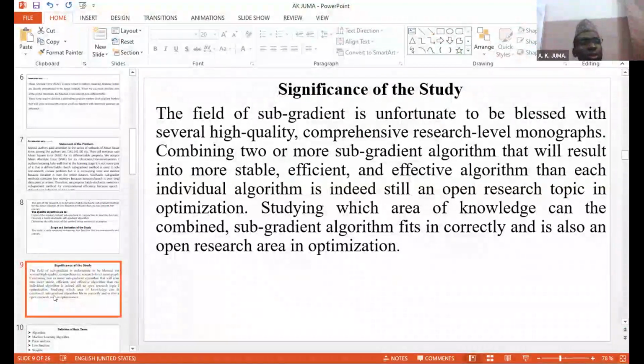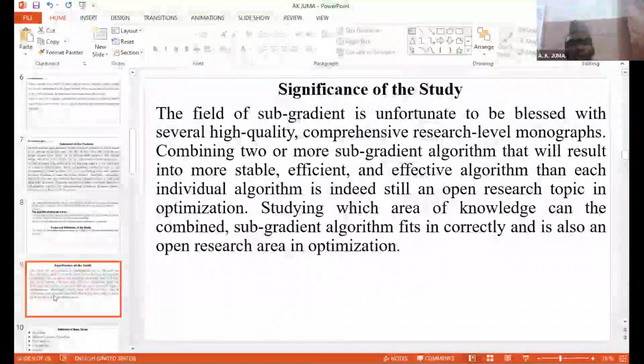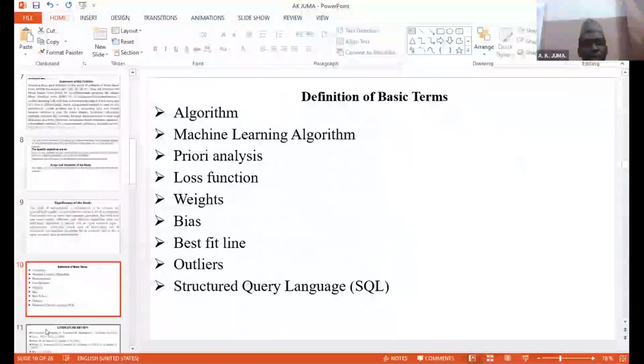So if one can combine two or more variations of sub-gradient and result in a more stable and effective method, then each individual method is still an open research area in optimization. And studying which areas of knowledge the combined sub-gradient method can be built into is also an open research area in optimization. So these are definitions of some basic terms.